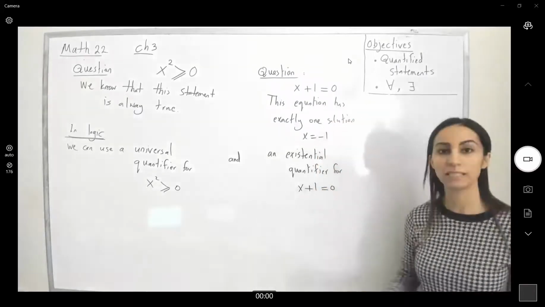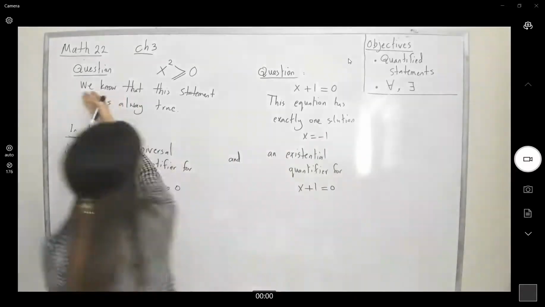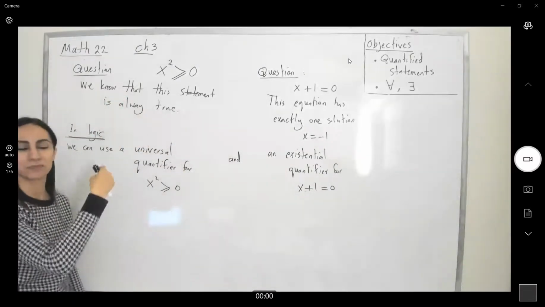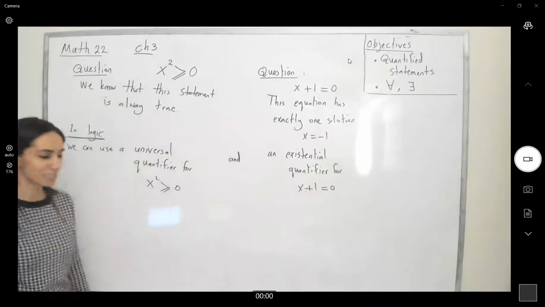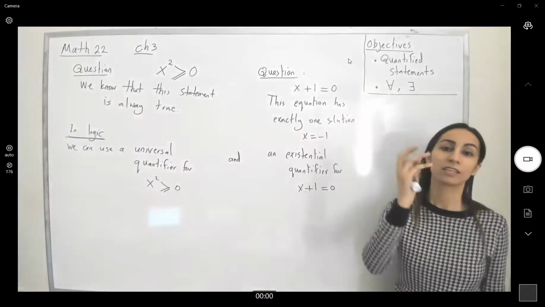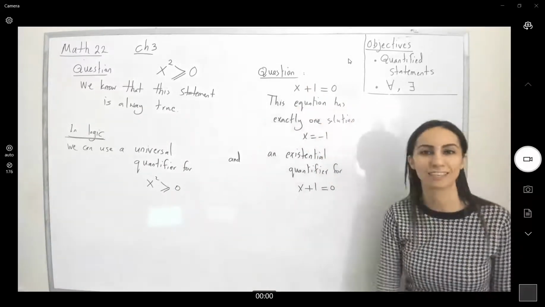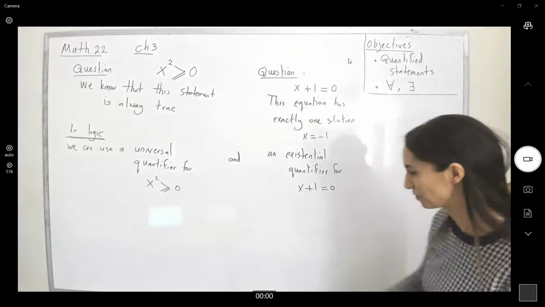So that's the main difference between these two statements. The first is true for all numbers. The second is true if there exists one value that satisfies this equation.